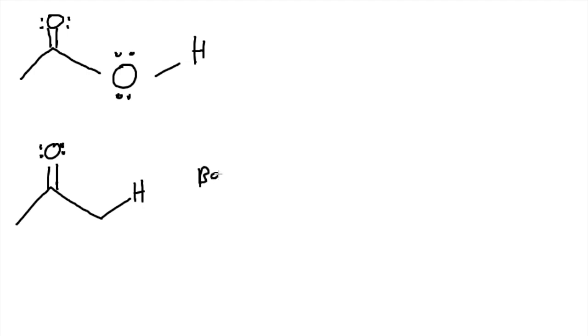Just draw a general base, with lone pairs. Now these lone pairs go on top of this hydrogen, while this hydrogen's electrons give off and make a lone pair with this carbon. So you have the result looking like this.